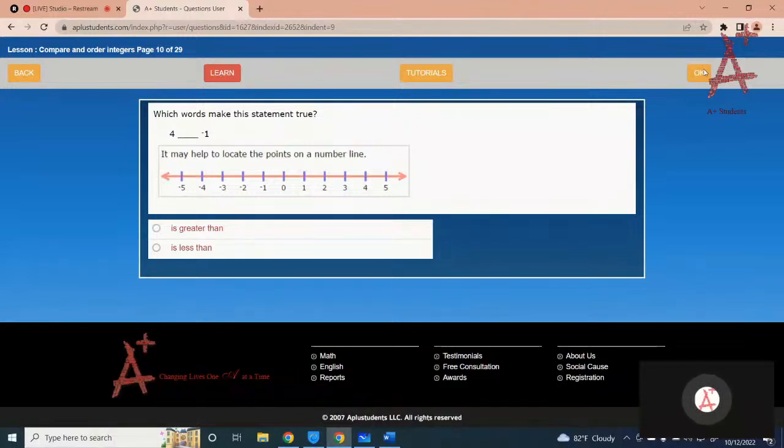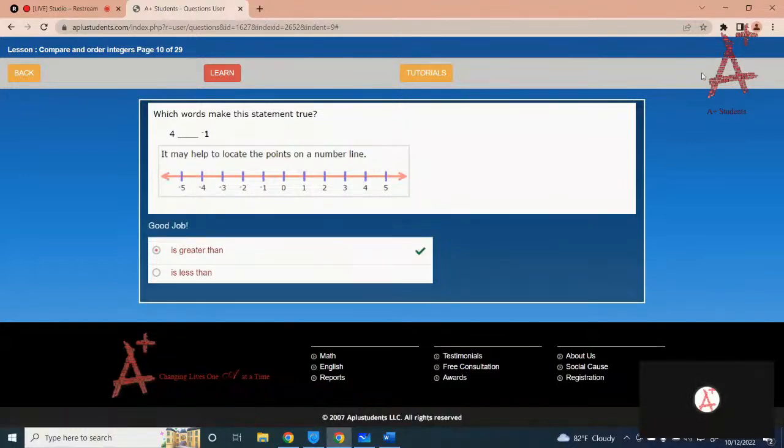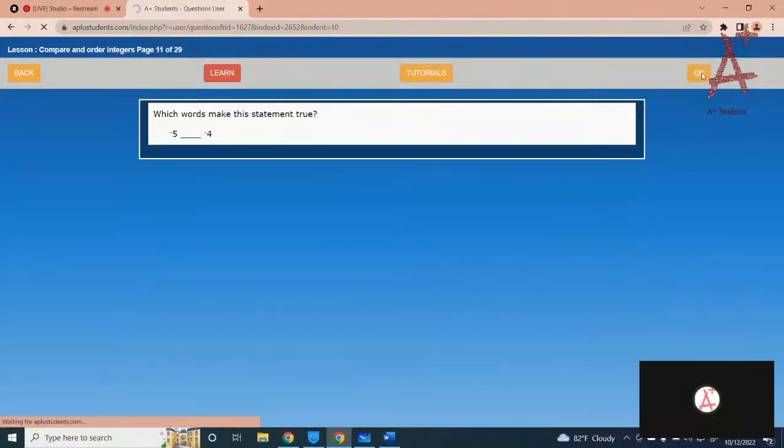So 4 is greater than negative 1 or less than negative 1? 4 is greater because 4 is a positive number and positive numbers are always greater than negative numbers. Got it?